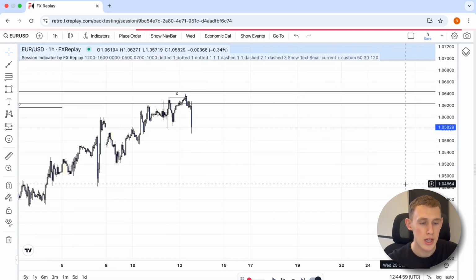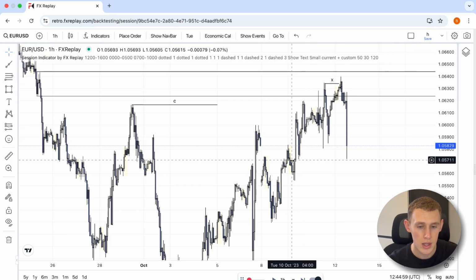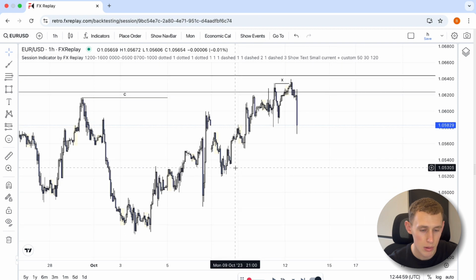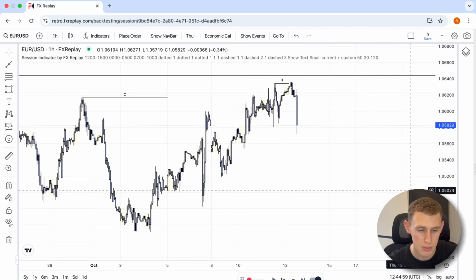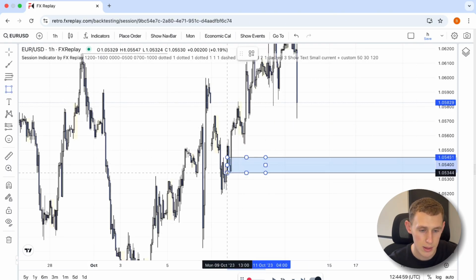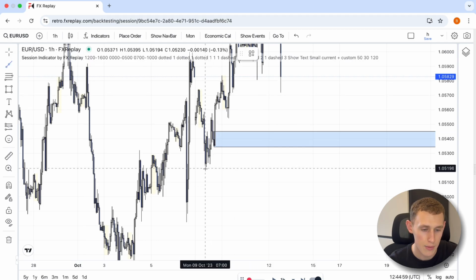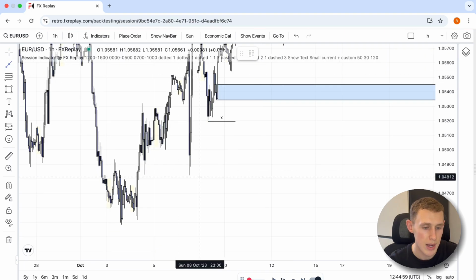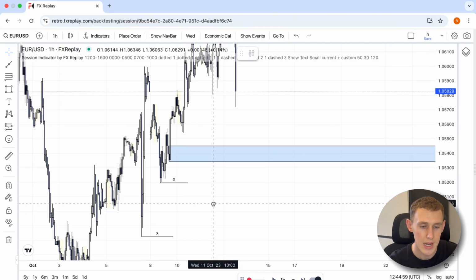So if you are going to see this as a change of character for more bullish opportunities, you could at least see price come back down and take out some of these previous lows first. So you have this demand zone maybe for price to react from, or you also have this higher time frame low, and then if it doesn't respect there, you also have this one slightly lower as well.